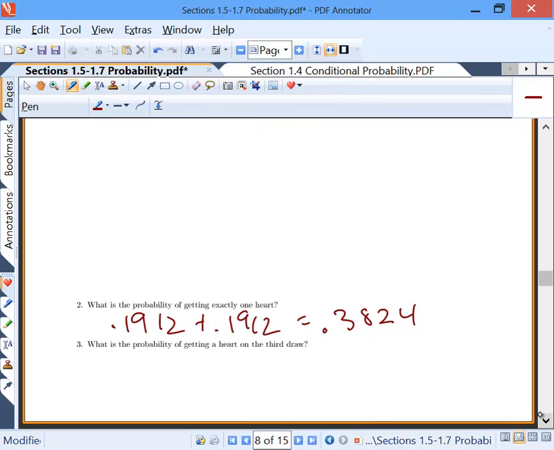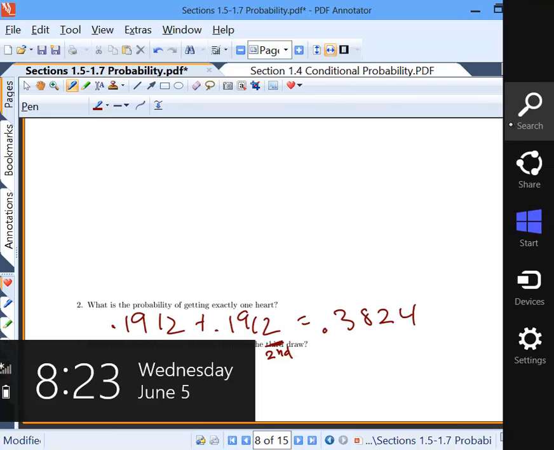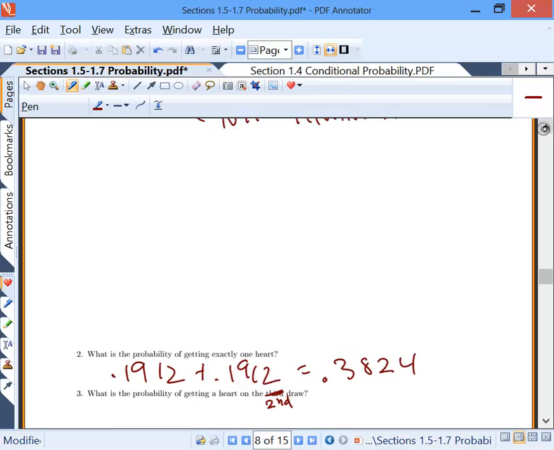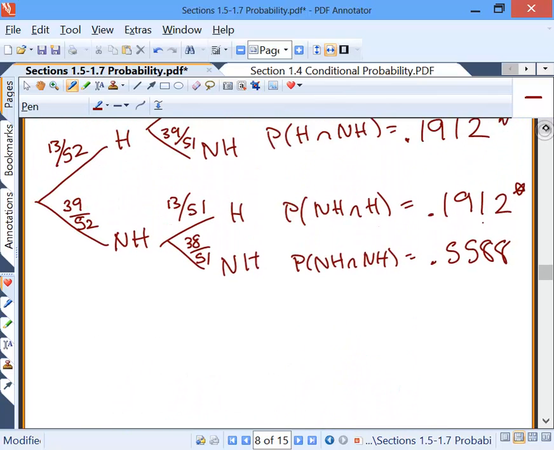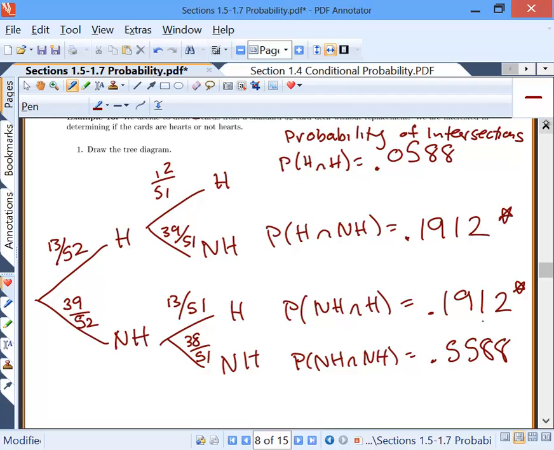And then for our last question, let's ask, what is the probability of getting a heart on the second draw? So again, we're just going to do the same thing. We go up and we look at our intersections and see which ones had a heart on the second draw. Okay. Do I want my first branch? Yes, I had a heart in the second draw. What about my second branch? No. Third branch? Yes. Fourth branch?